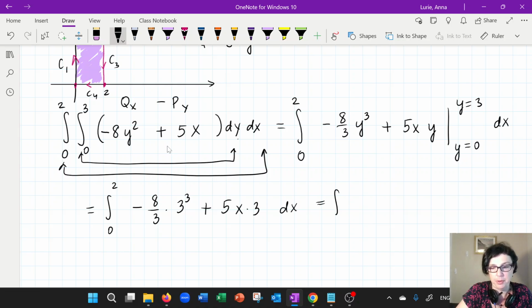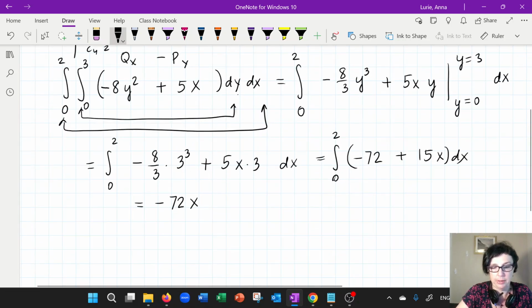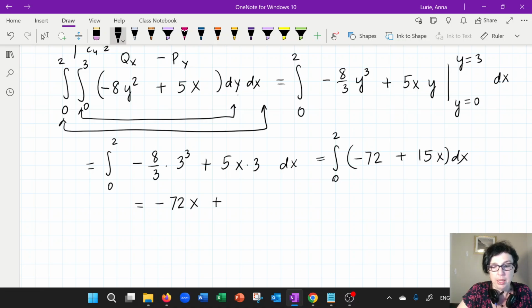Let's see if we can simplify this further. 3 cubed divided by 3, that's just 3 squared, so that's 9. 9 times 8 is 72. I got negative 72, and then I got plus 15x. Okay, integrating that, negative 72 with respect to x just becomes negative 72x, and then plus 15 over 2 x squared.